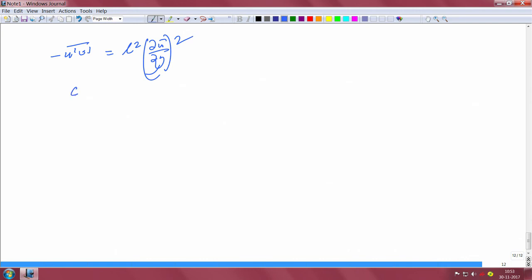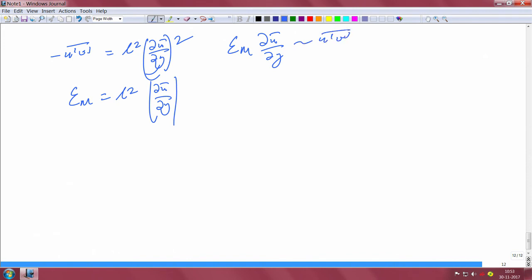But your epsilon m is basically L square into du bar by dy bar, because there is already a du by dy bar for your epsilon, because the shear stress or the viscous stress is basically this. You multiply that, that is how you get your u prime v prime bar, that is how we wrote it initially, got it.